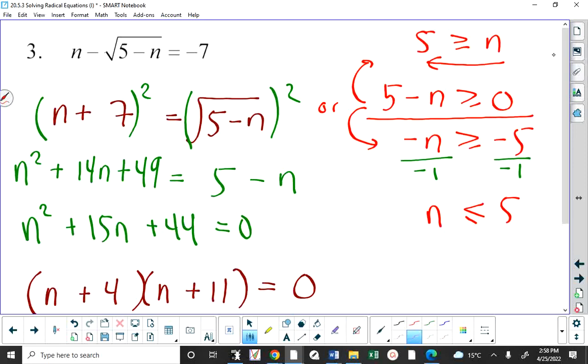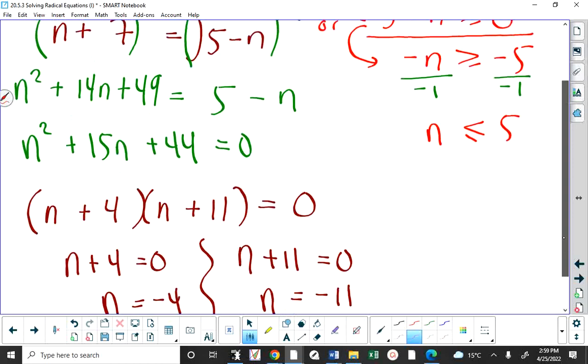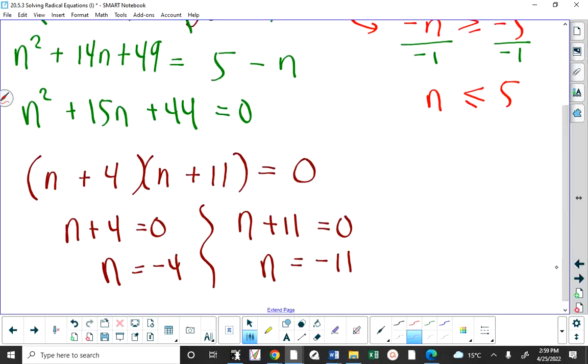One is next year you need to know this, but your textbook contains a huge, huge error. I can't believe it got past the publisher. What does n is less than or equal to 5 mean? It means that n can be any number equal to 5 or to the left of it on a number line. Are you with me?